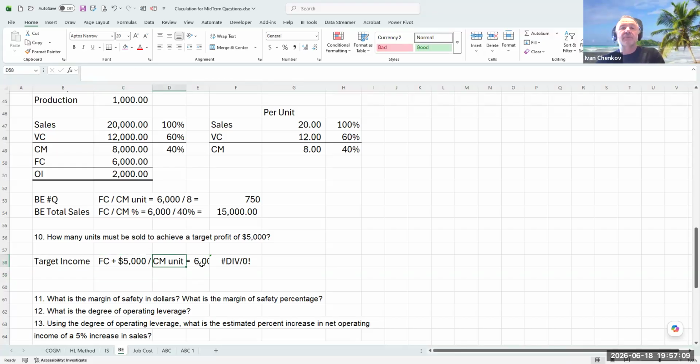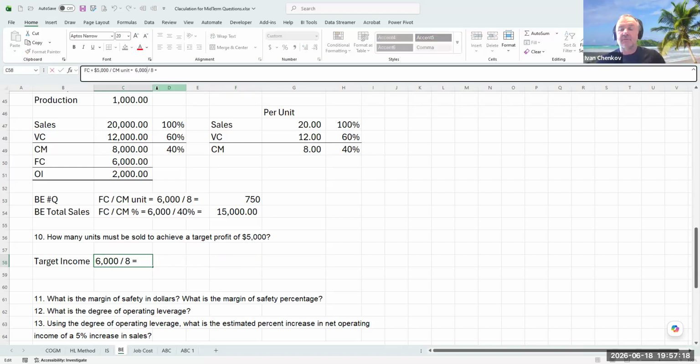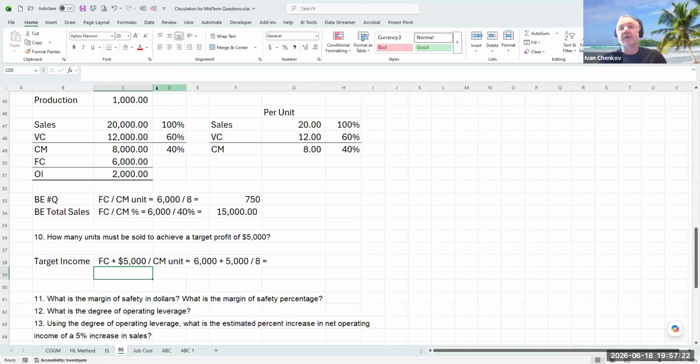so what we have to do here, again, on our formula, I have to add 6,000 plus an additional 5,000 divided by 8.